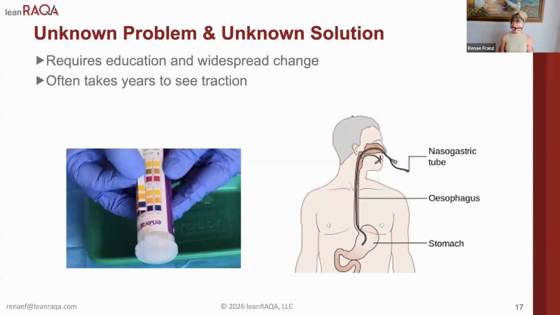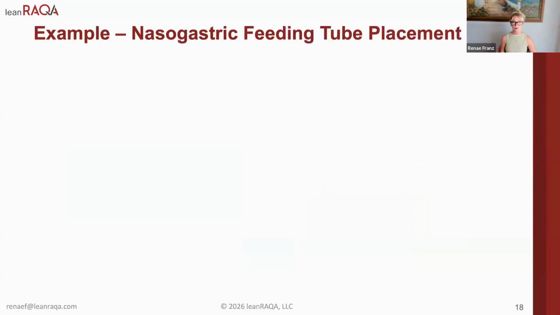There was a doctor here in the US that had lost a couple of patients to misplaced feeding tubes and said there's got to be a better way to do it. So he developed a device that used pH and is the only FDA cleared device that uses pH here in the US to confirm nasogastric tube placement.